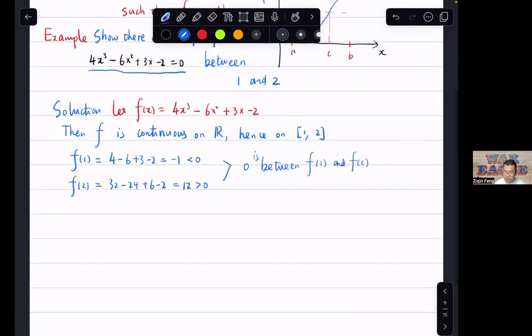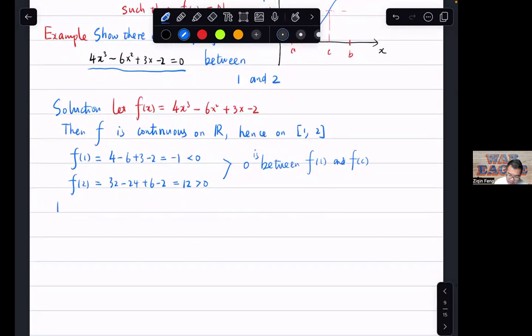So by the intermediate value theorem, there is a C inside the interval (1, 2) such that f of C, which is 4c cubed minus 6c squared plus 3c minus 2, equals 0.